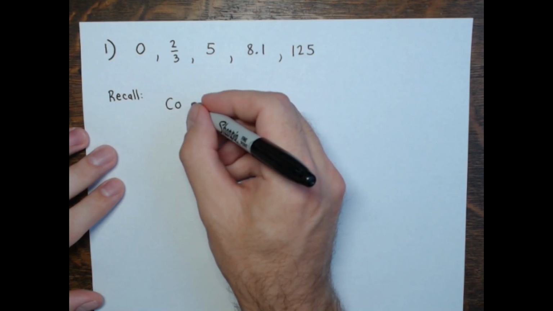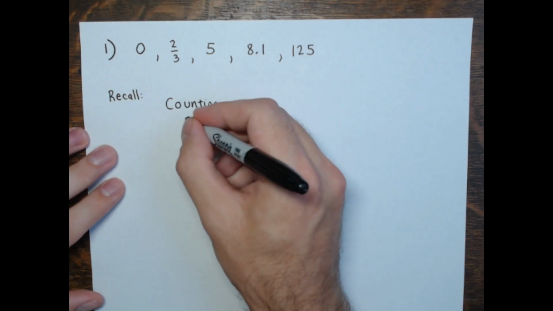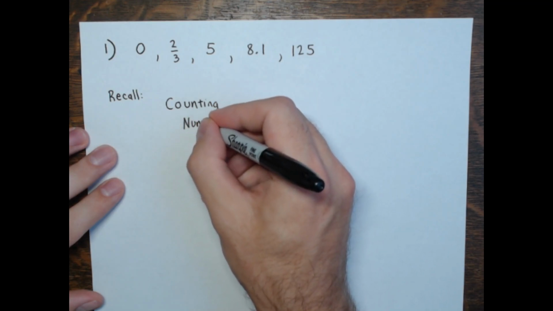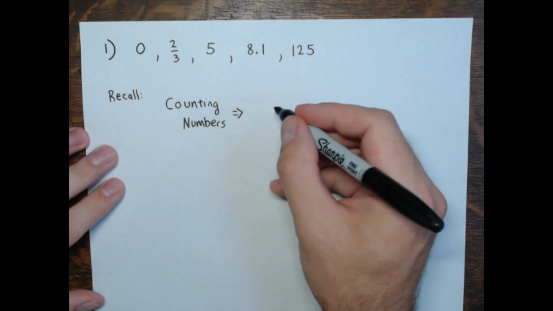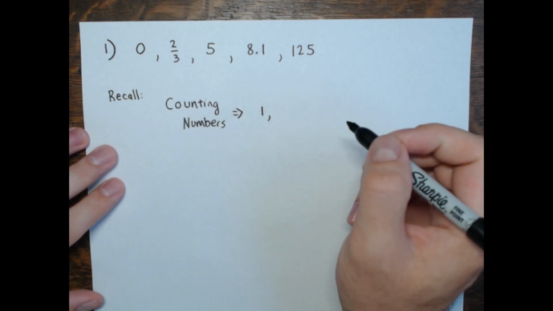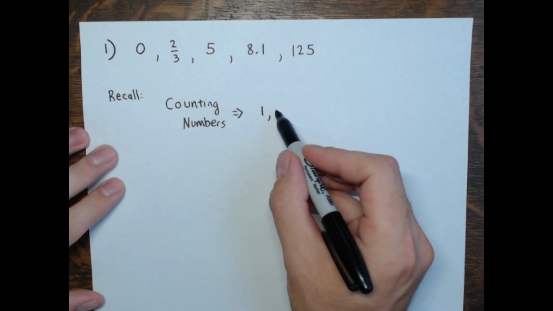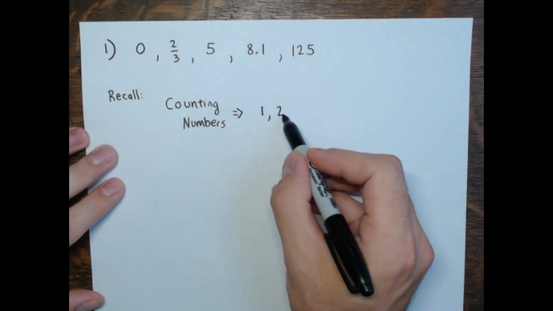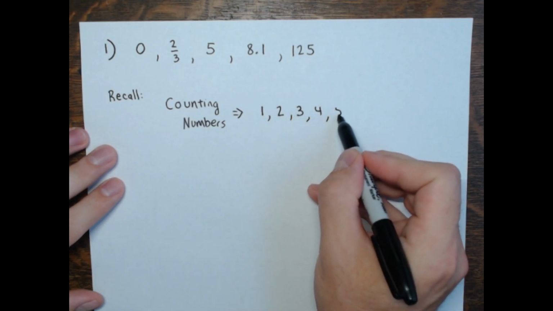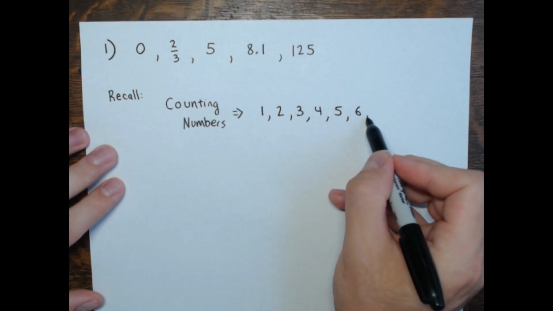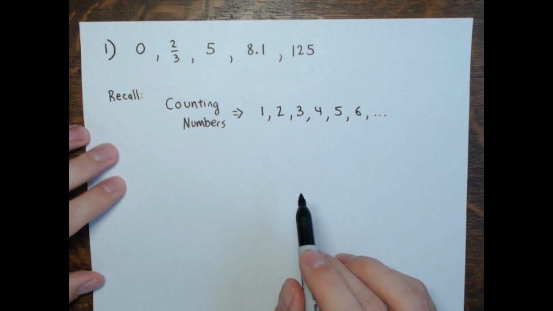Part A is asking you to identify the counting numbers. So remember, the counting numbers start with 1, and then just increase by 1 to get to the next one. So then 2, 3, 4, 5, 6, and so on, with an ellipsis here, dot, dot, dot.